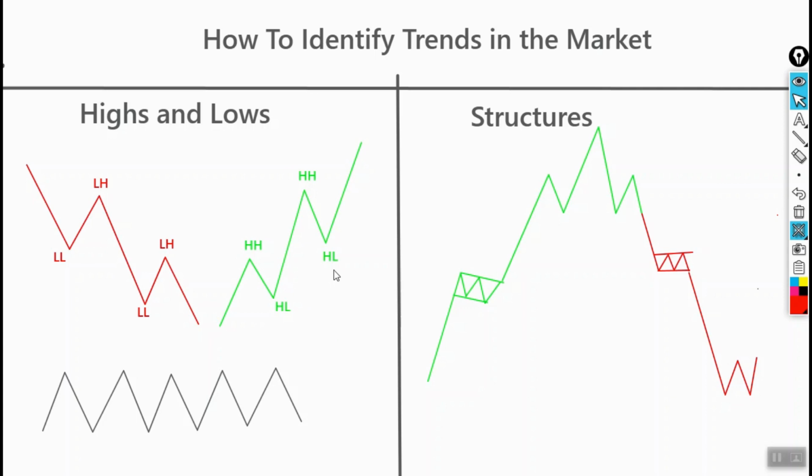So they call it a higher low because this low is higher than the previous one, and they call it a higher high because this high is higher than the previous one, and this high is higher than the previous one. So when the market keeps printing out higher highs and higher lows, that's when you know that the market is in an uptrend. And the third trend in the market is the ranging trend.